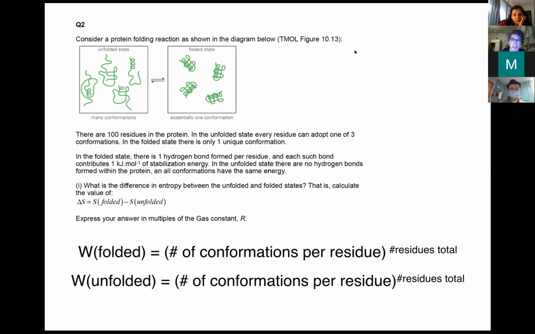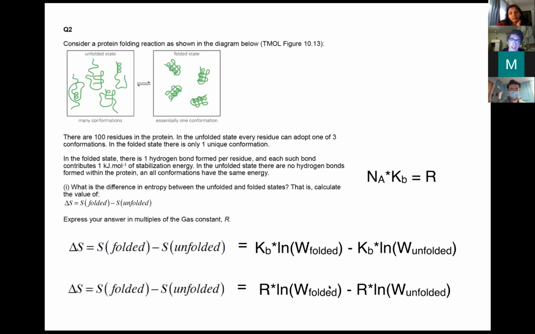So basically there's a bunch of different states the unfolded protein can exist as. So W unfolded is taking that into consideration, and then that would give the entropy. So it's the multiplicity of the unfolded state, protein specifically, yeah.